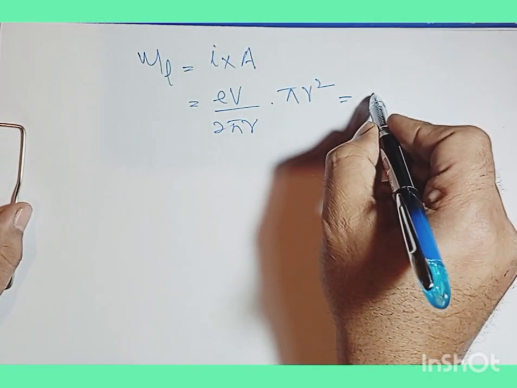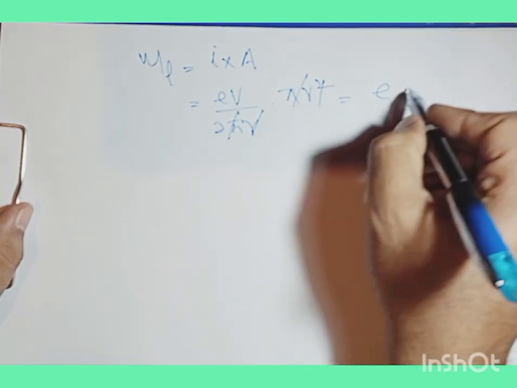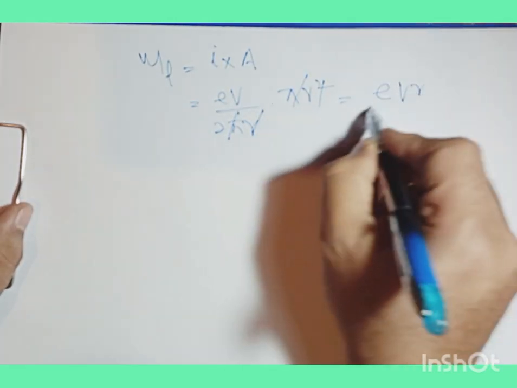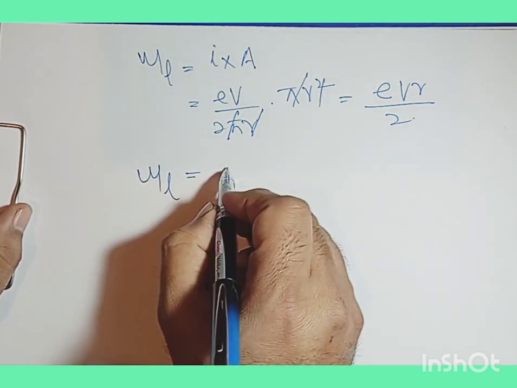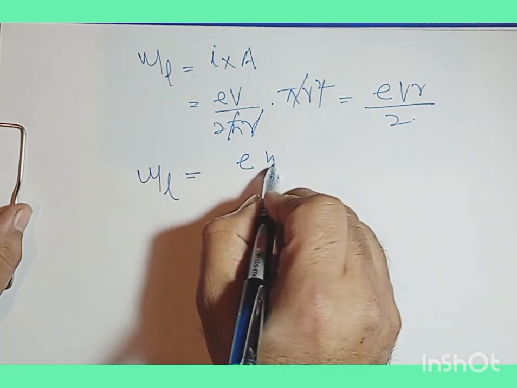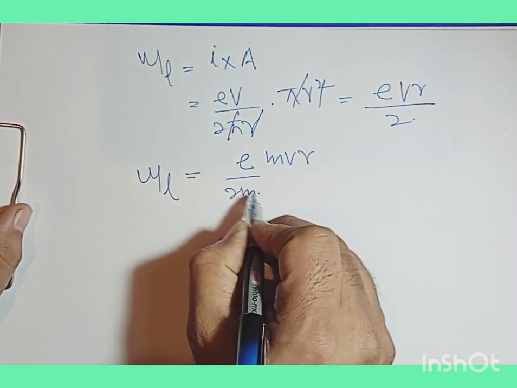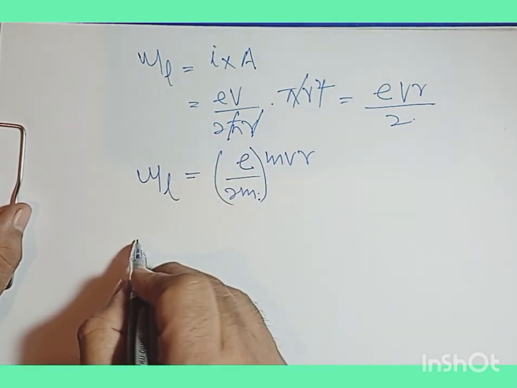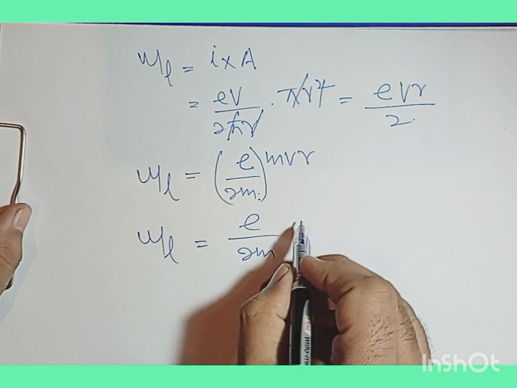So the pi and r will cancel, and we'll get e v r by 2. And we can write this mu L as e m v r by 2m.